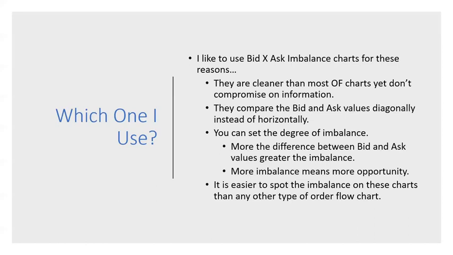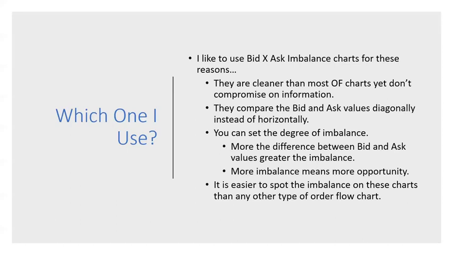But obviously you need to understand the context behind it. I have been saying from the first day of this intensive and for years before that, that if you don't understand the context correctly, order flow charts will mislead you. So be very, very careful.